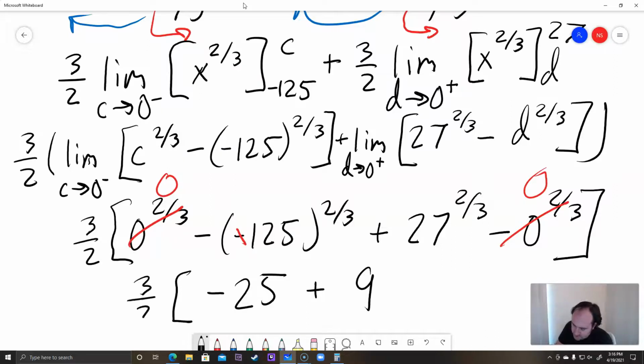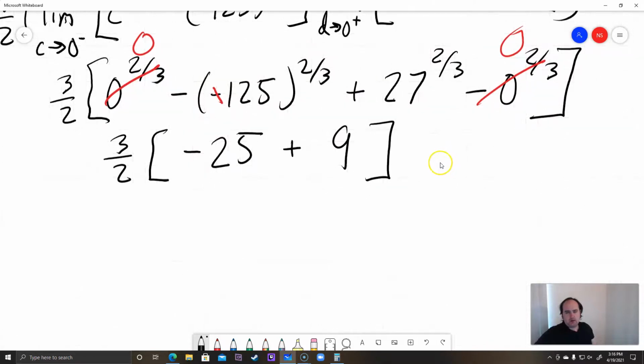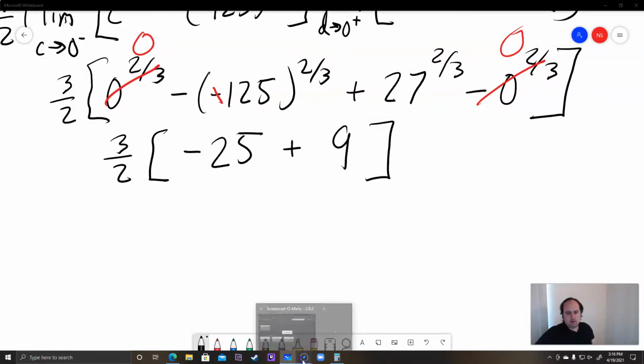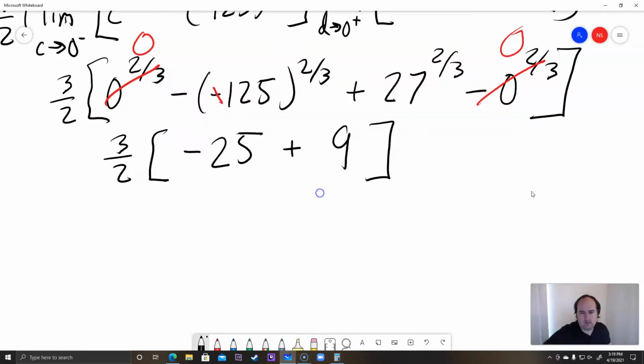Okay, so we have a 3/2 times negative 25 plus 9. And then we know that 25 minus 9 is 16.